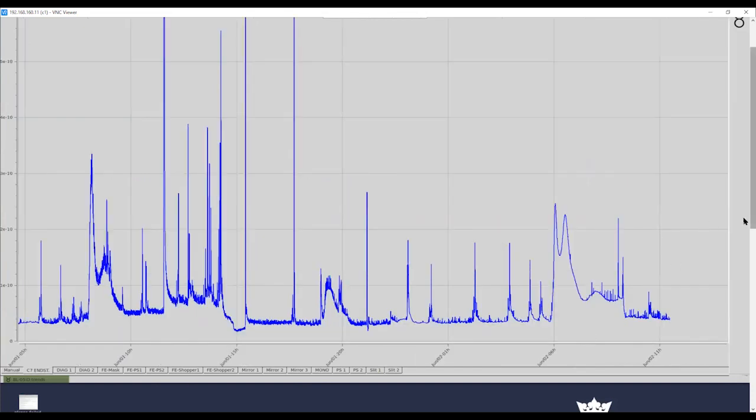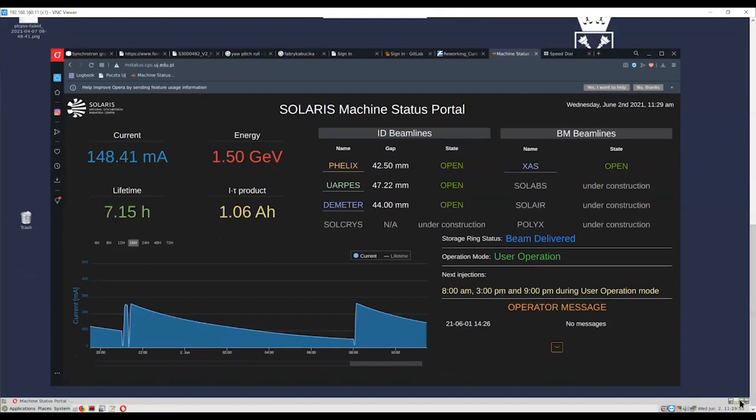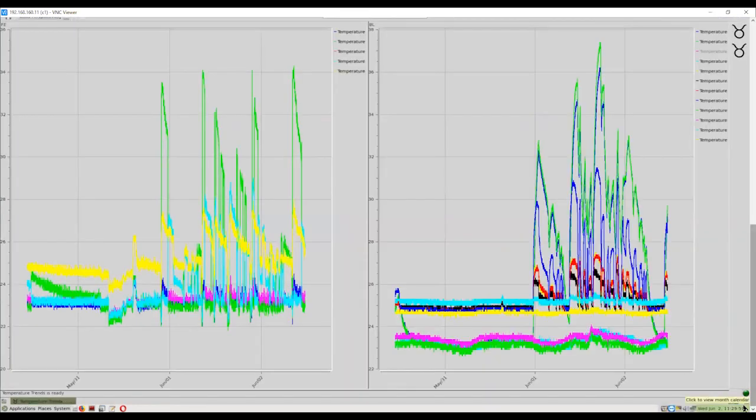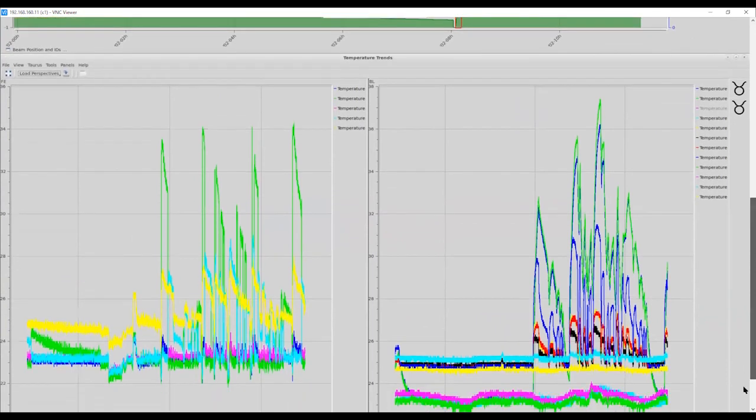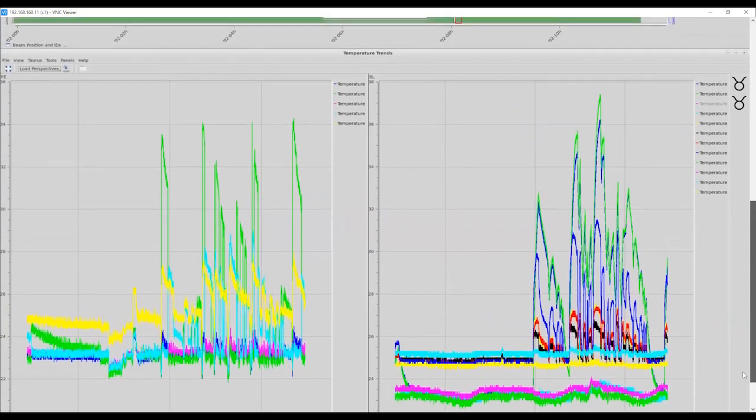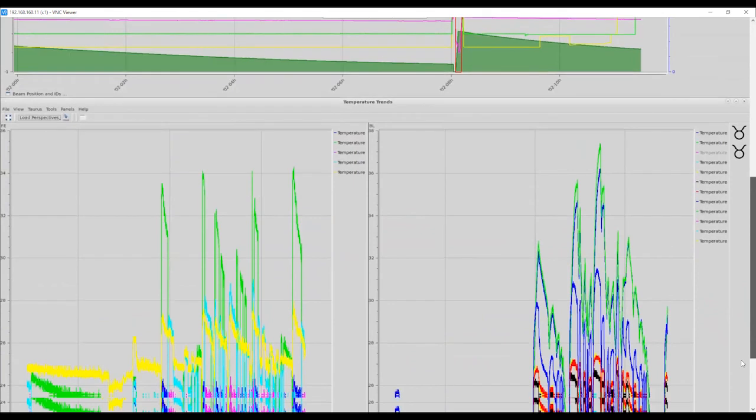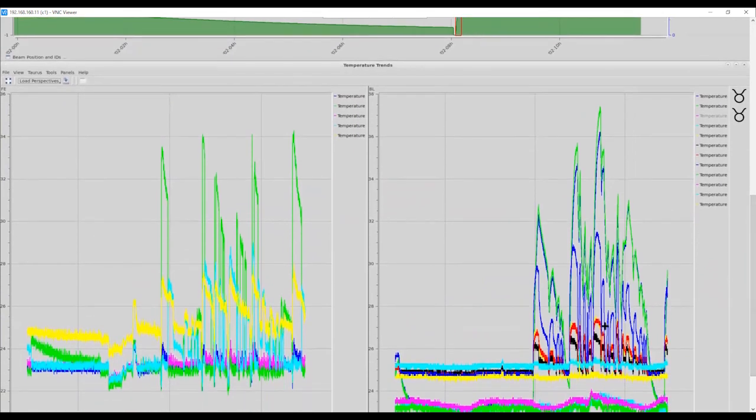Okay, and next, it is the temperature parameters of important elements on the beamline. For example, for mirror 1 or the first slits, it is important because the element is cooled by water and does not reach a high temperature.